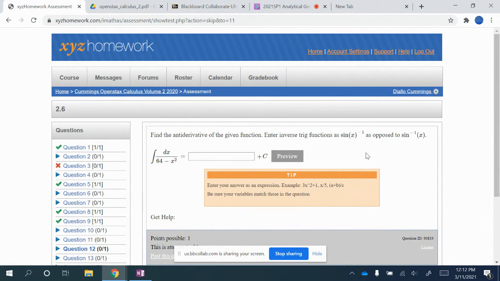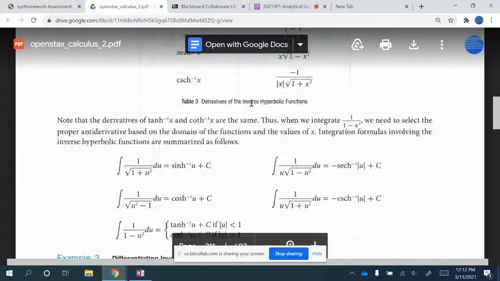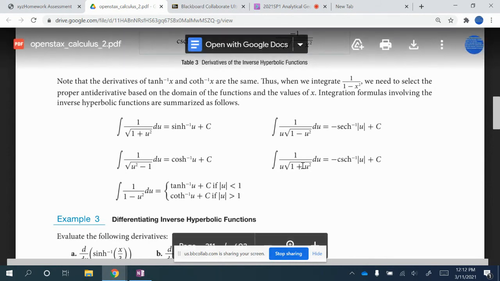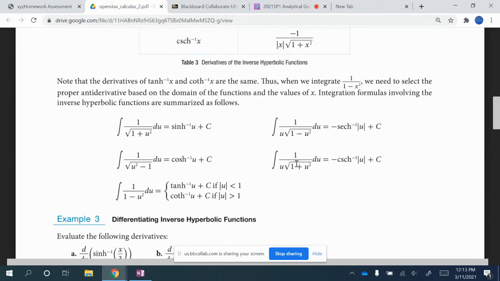Let's take a look at the formulas. All right, so here are the formulas. Notice we must find the form in which our problem is given. For the first one, in the denominator, we have the square root of 1 plus u squared. In the second one, we have the square root of u squared minus 1. For these two formulas, we have radicals in the denominator.